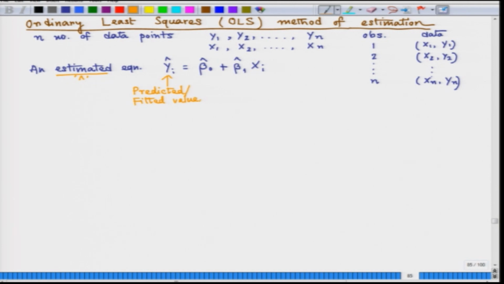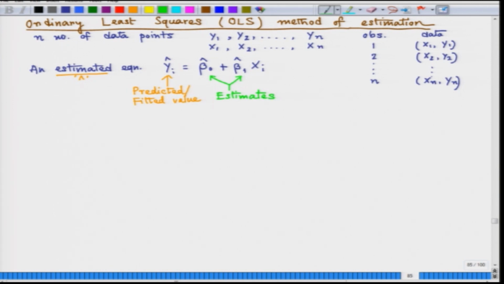Okay. Now, beta naught hat and beta 1 hat are called the estimates of the population parameter from the data.